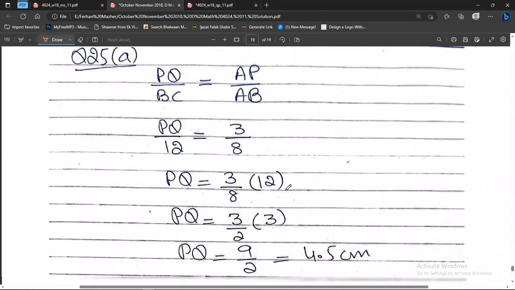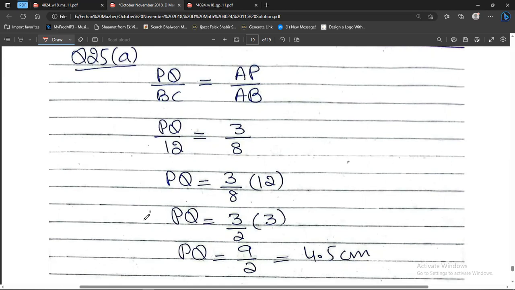Okay. So PQ divided by BC is equal to AP divided by AB. PQ I want to find out, and BC is 12, equal to AP is 3 and AB is 8. So PQ will be equal to 3 by 8 multiplied by 12.